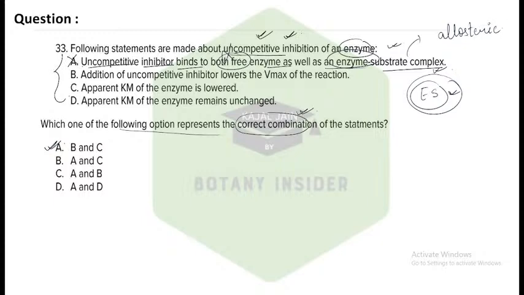Now see, in this question you could have answered with the help of a smart trick also. If you are sure that the first option is incorrect, you need not waste any more time: eliminate all the other three options and reach the correct answer of option number A, that is, B and C combination is correct. This is how you can save your time in the examination.